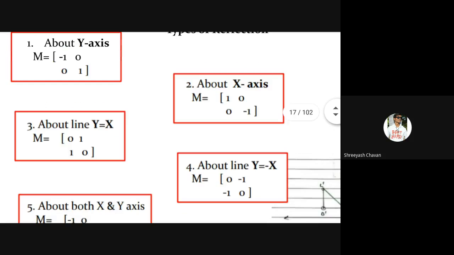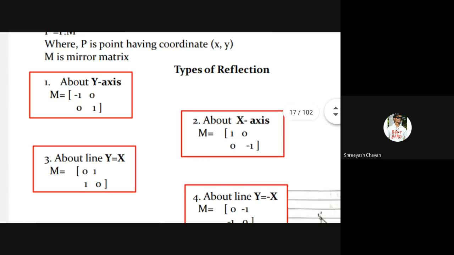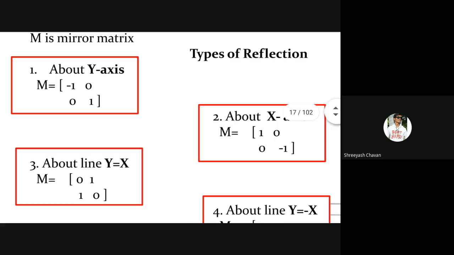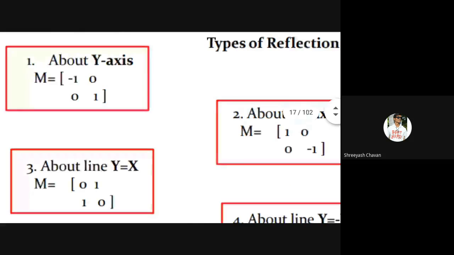For that purpose, here is the standard formula for the mirror or reflection transformation matrix. If you want to mirror your object about the y-axis, then the mirror matrix is -1 0 0 1. All of you please write down these formulas.